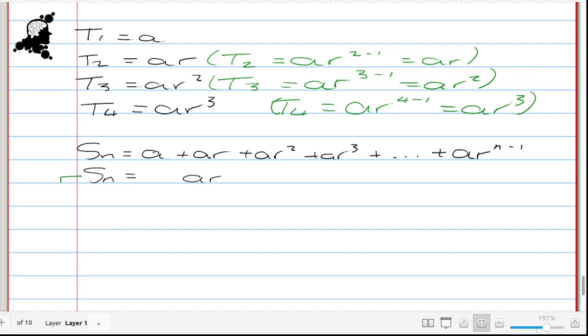It's important that you write it right underneath the term which is matching. ar times r gives you ar squared. ar squared times r gives you ar cubed. You can see the pattern. We're going to have ar to the power n minus 1 here. Now, ar to the power n minus 1 times r gives me ar to the power n.